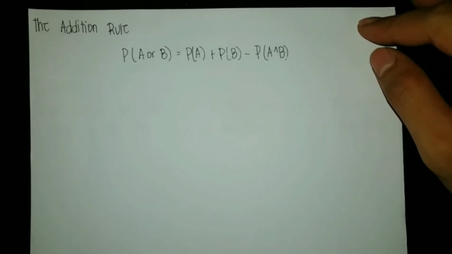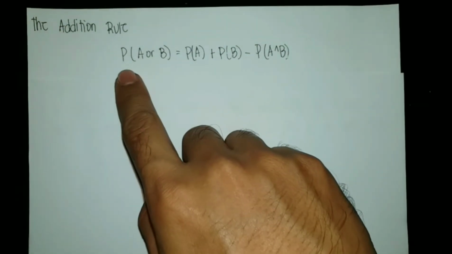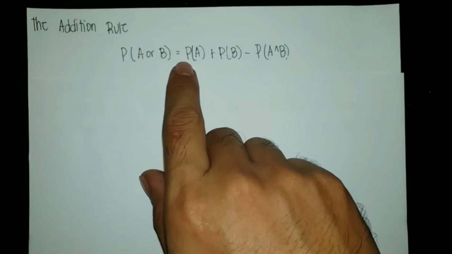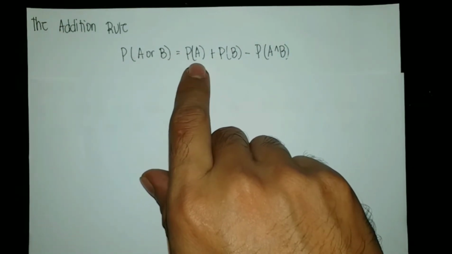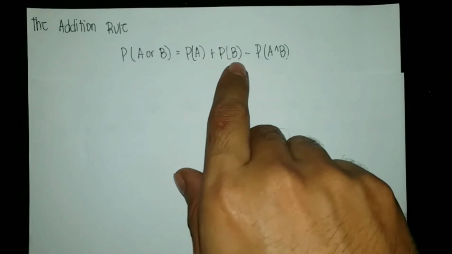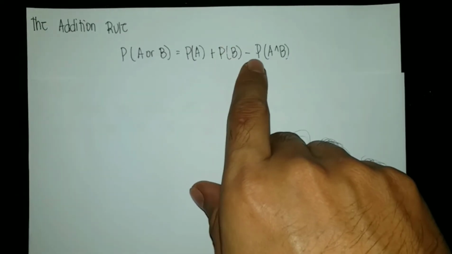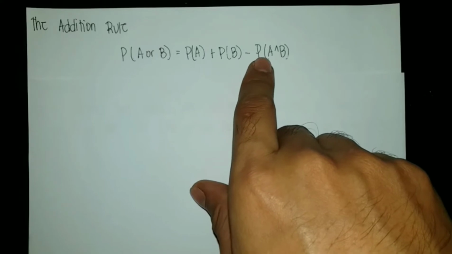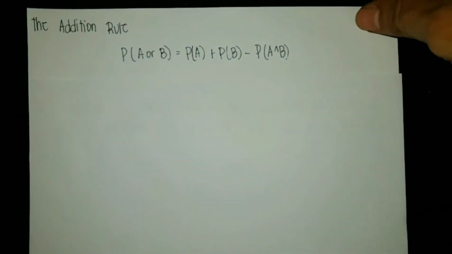Symbolically, the addition rule is denoted by the probability of event A or B is equal to the probability of event A plus the probability of event B minus the probability of events A and B.